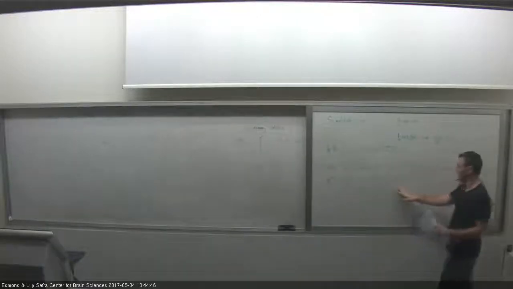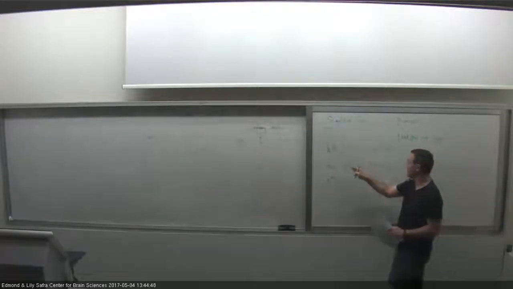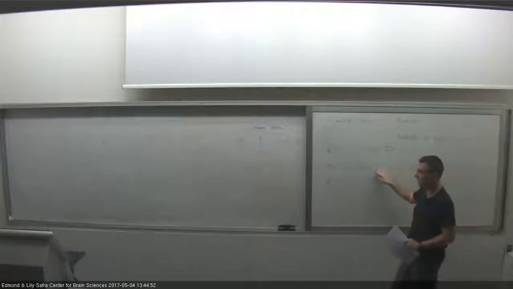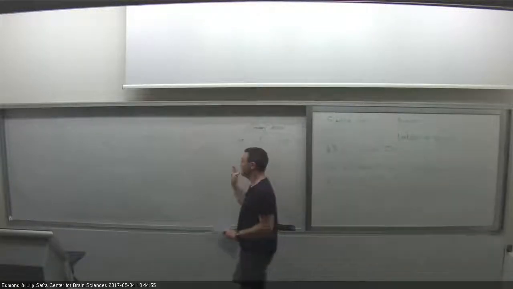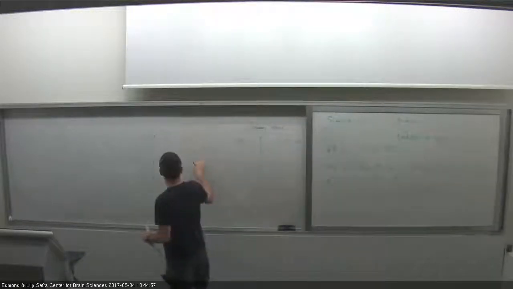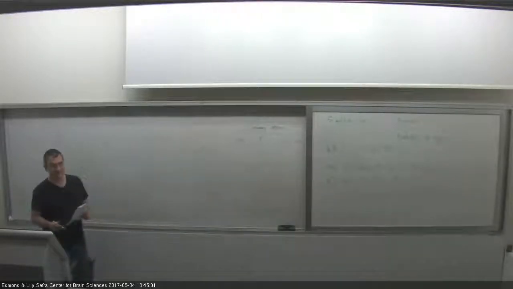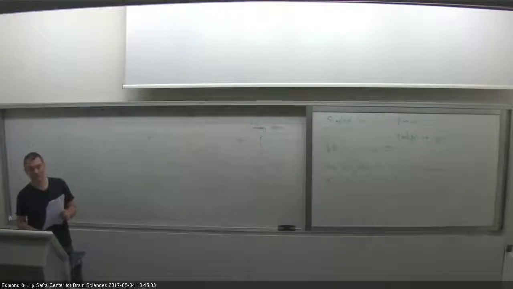If this is true, then the vector P^mu is a fixed point of these dynamics in the limit of beta going to infinity. Questions?